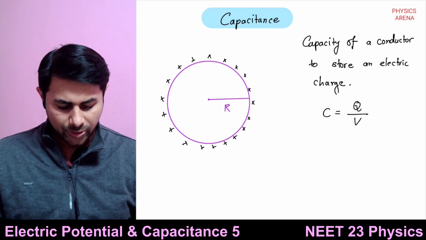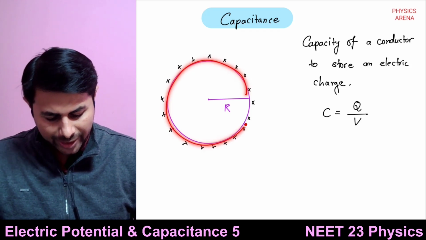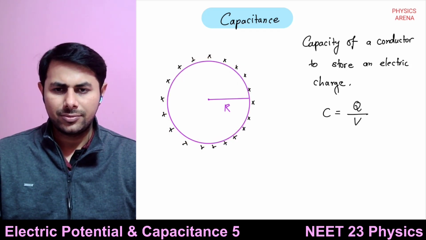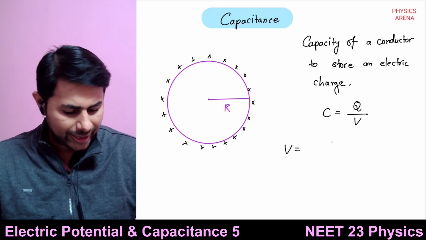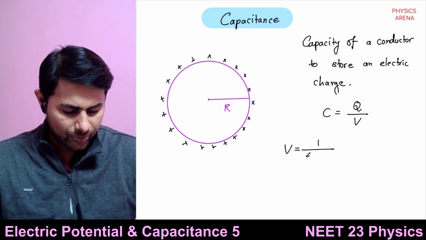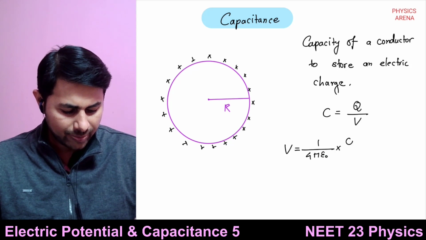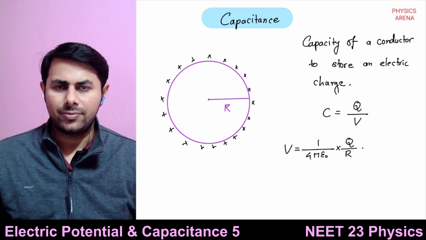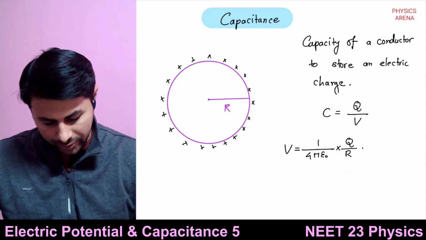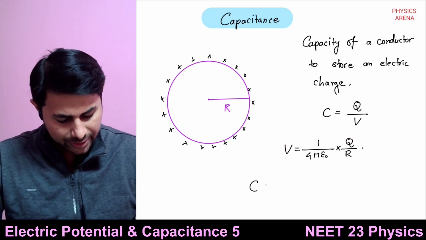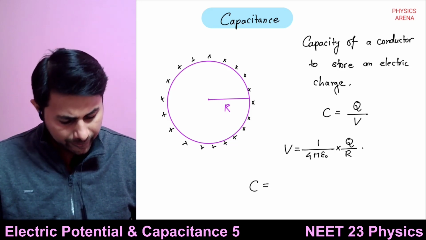So what is the potential produced by a hollow metallic sphere? The potential produced by a hollow metallic sphere is 1 upon 4 pi epsilon naught multiplied by q upon r. If we substitute this in the formula, we get the capacitance of a hollow sphere.